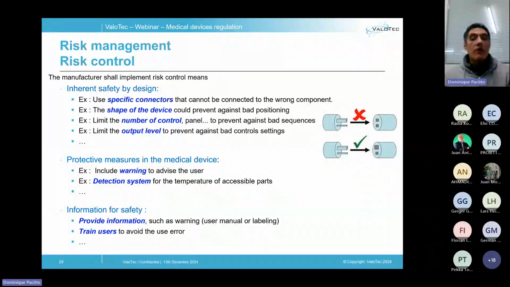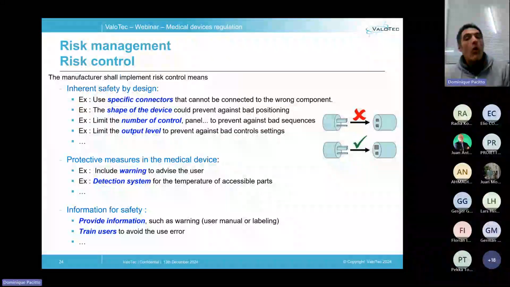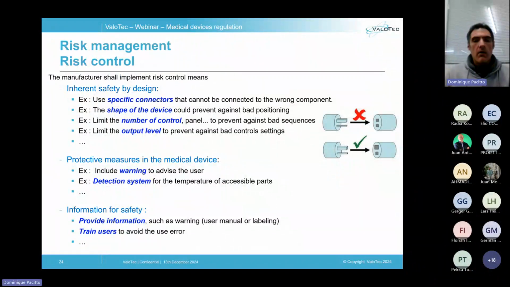To reduce the risk to an acceptable level, we said that the manufacturer should implement risk control means, and the standard identifies three types of risk control means. The first one is by inherently safe design or manufacture. Two is by protective measures, either in the medical device itself or in the manufacturing process.